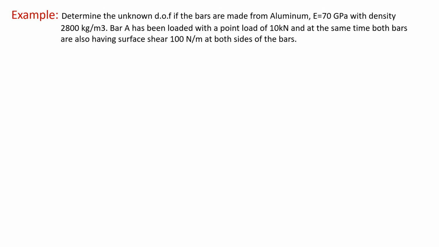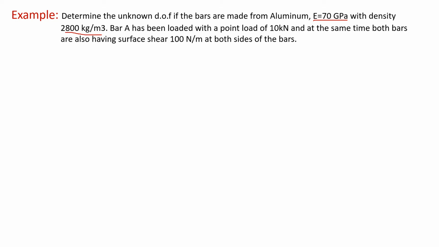Example: determine the unknown degrees of freedom if the bars are made from aluminium, E equals 73 GPa, with density 2800 kilogram per meter cube. Please take note that in this example the density value is given to us, meaning that we have to consider the weight of the bar in our calculation.